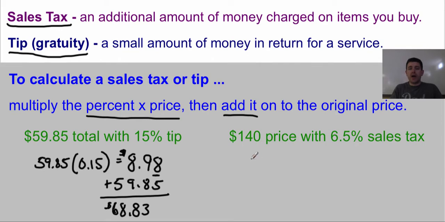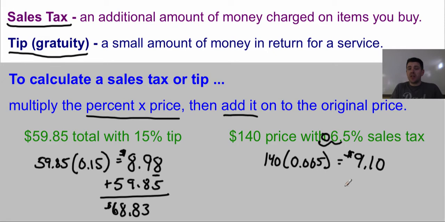So say we go to buy something, it costs $140, and we're going to pay 6.5% sales tax. Remember, your percent, you're always going to turn into a decimal, which means sliding your decimal over two spots. So this is going to become 0.065 times our price. 140 times 0.065 is going to be 9.1, but again, since we're dealing in money, it's going to be $9.10.